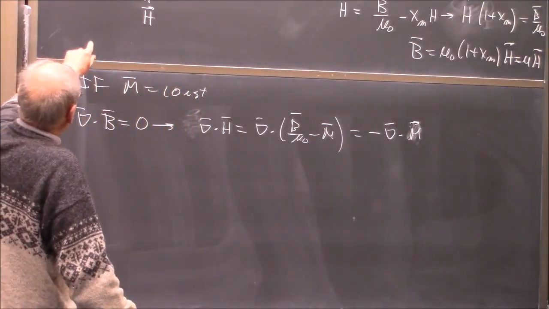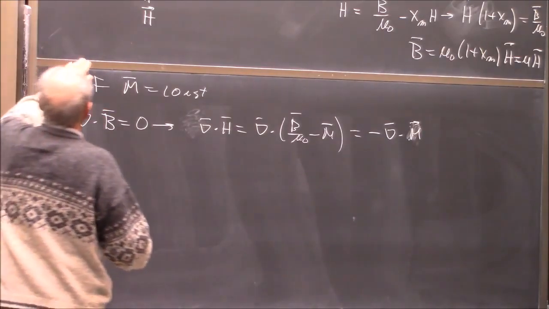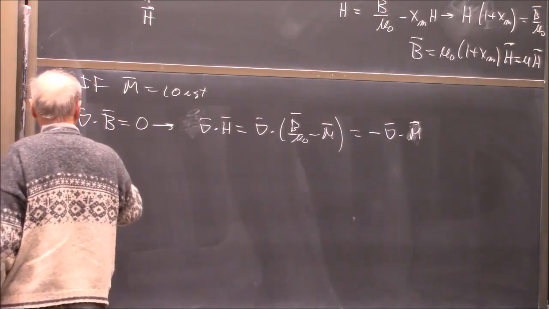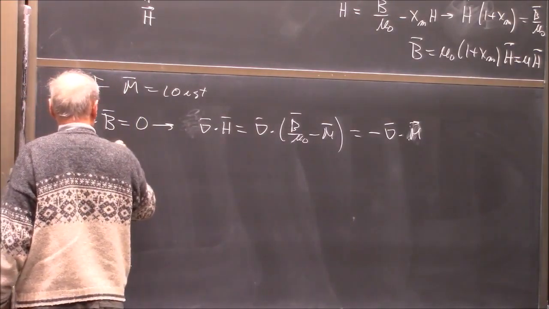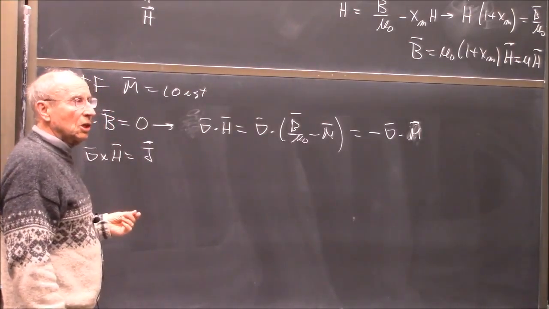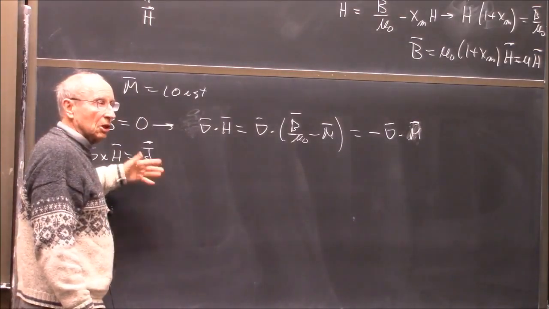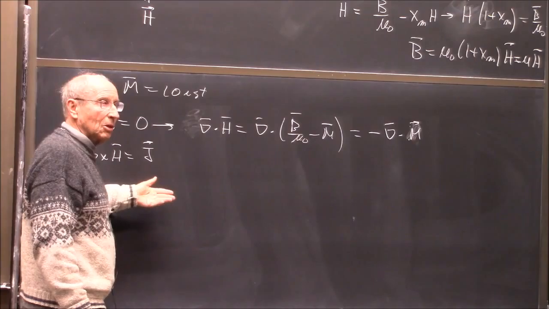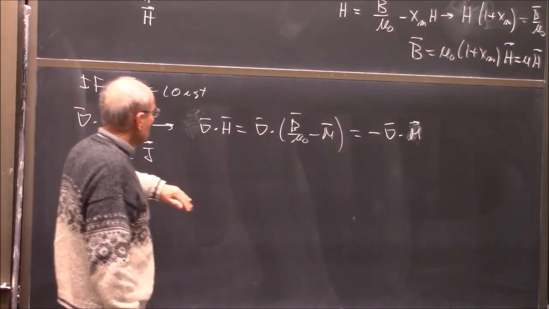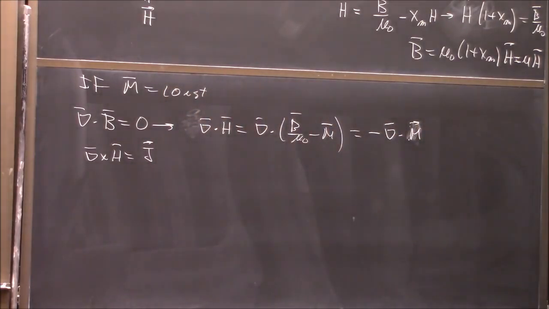Now, you always have from our basic equation up here, the curl of H was equal to J. So the situation we considered was if there's no real current, so we just had bar magnets, magnetic materials, but no currents, then the curl of H was equal to 0, the divergence of H was equal to this, and that was electrostatics.